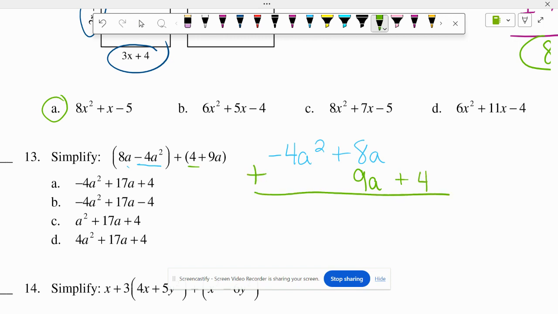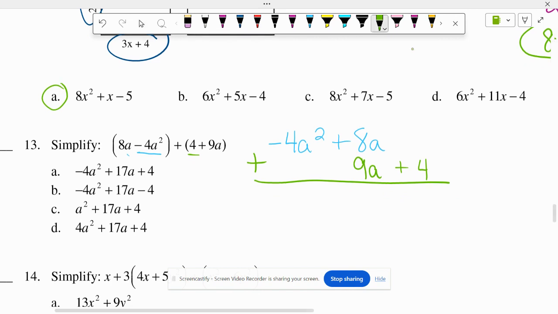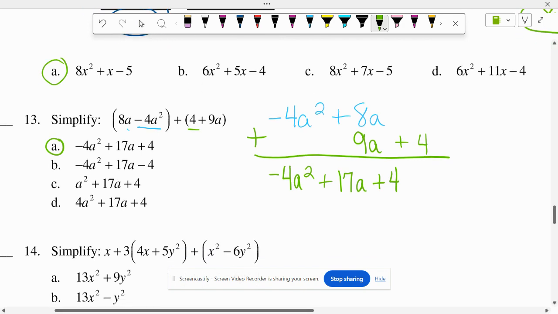So as long as you match the variable term with its power, you can just add them up vertically like you learned how to do with regular multi-digit numbers. So when I add these up vertically, I get negative 4a squared plus 17a plus 4. Are y'all good with that? Do you remember that method? Do you feel comfortable with that method? Because I think we did well with that.